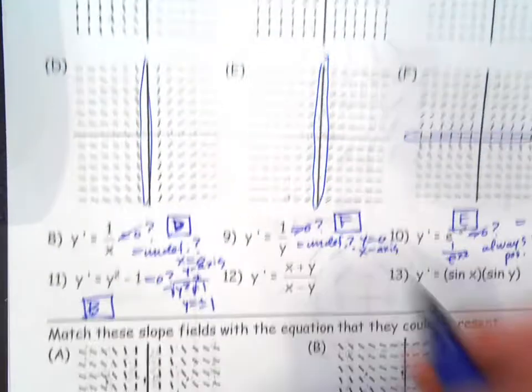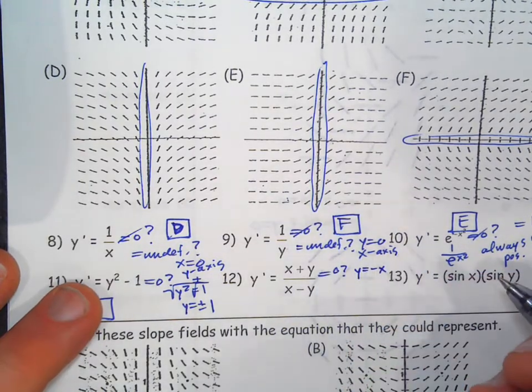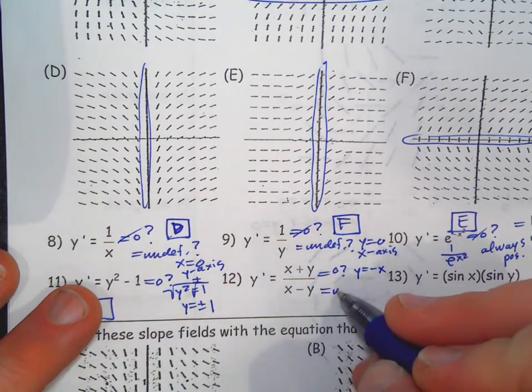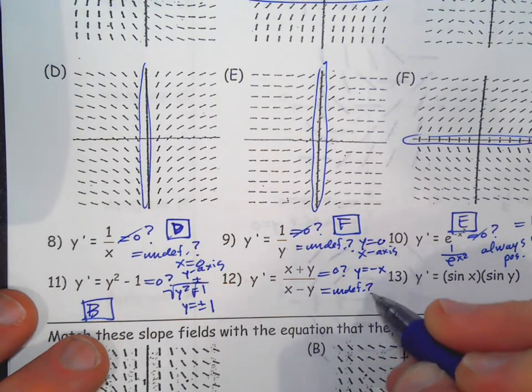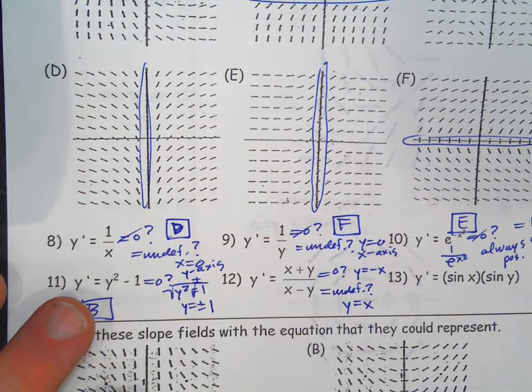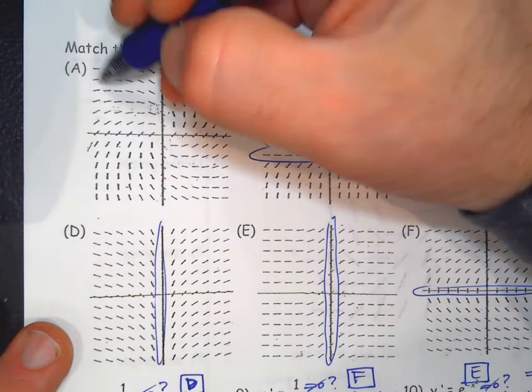There's another one. When does this one equal 0? When y equals negative x, so along a slanted line. When is it undefined? When y equals positive x. So we're looking for one that has 0 slopes along y equals negative x. I mean, we only have 2 left. So is it this one?